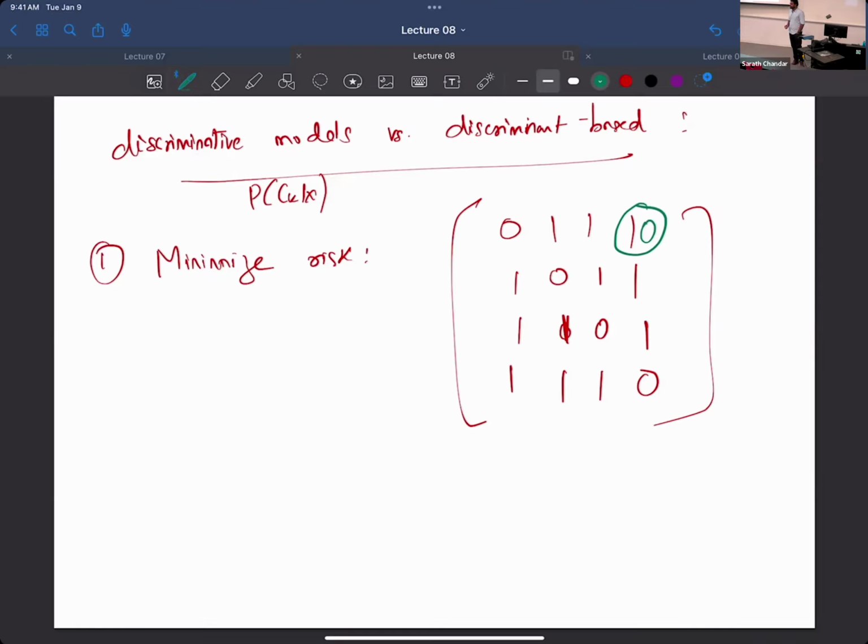If you have already trained your model and you have deployed it, now you want to go back and change the loss matrix. It's going to be really hard with discriminant based methods. For discriminant based methods, you have to retrain your model again with this new loss matrix.